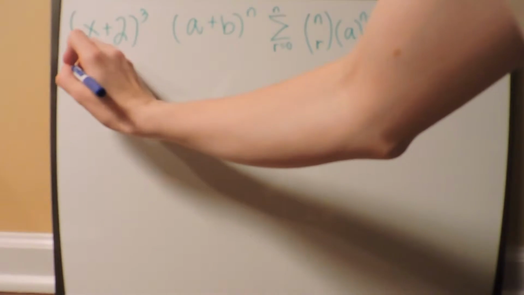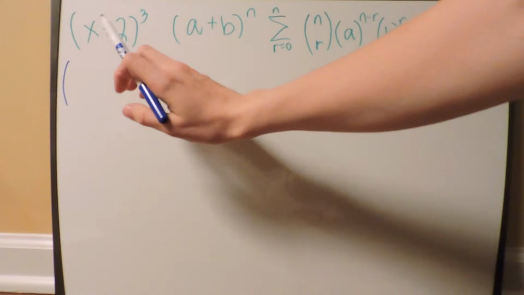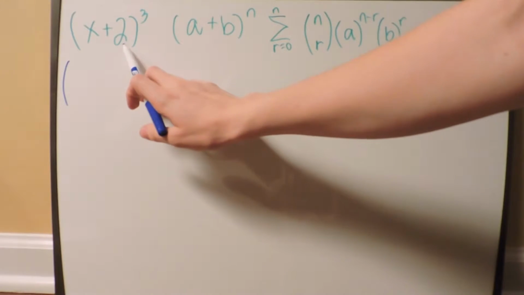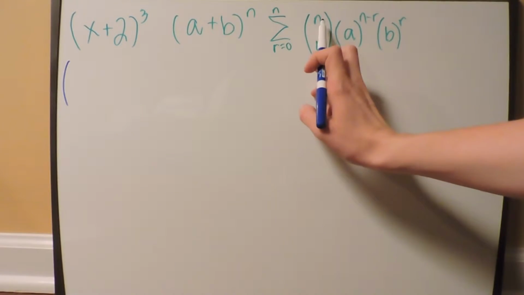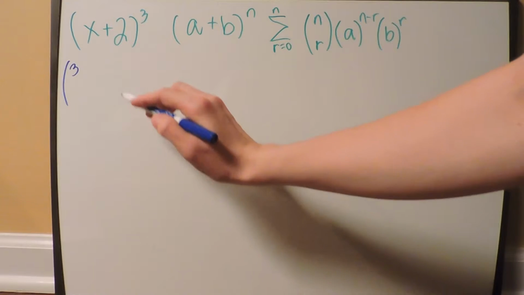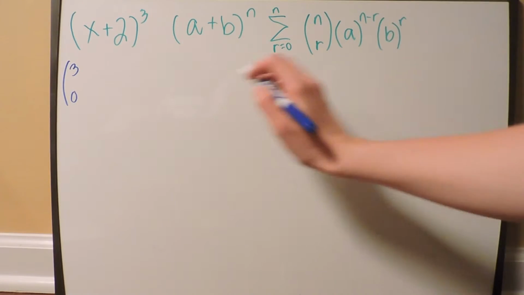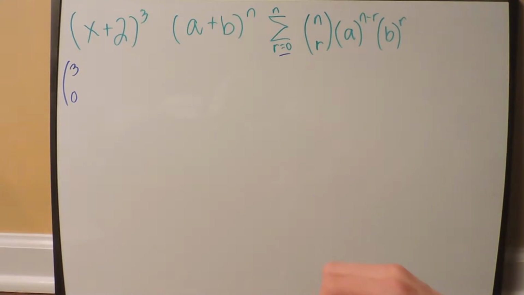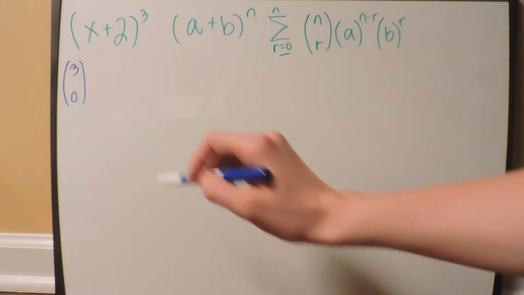So let's look at our first term, and we're dealing with x plus 2 to the third power. So we're going to start with our n, which is going to be 3, right? And on the bottom, we're going to put 0 because we always start at 0, right? Okay, we'll factorial all those later.